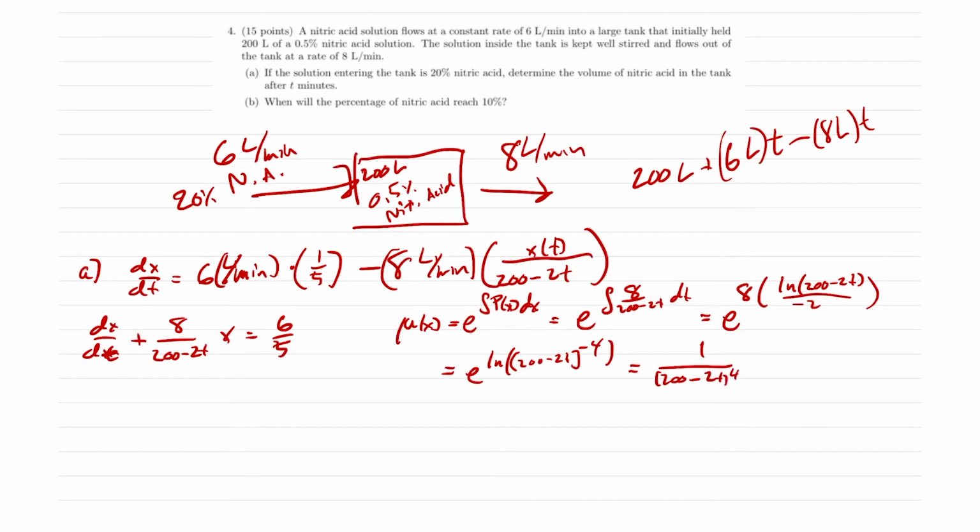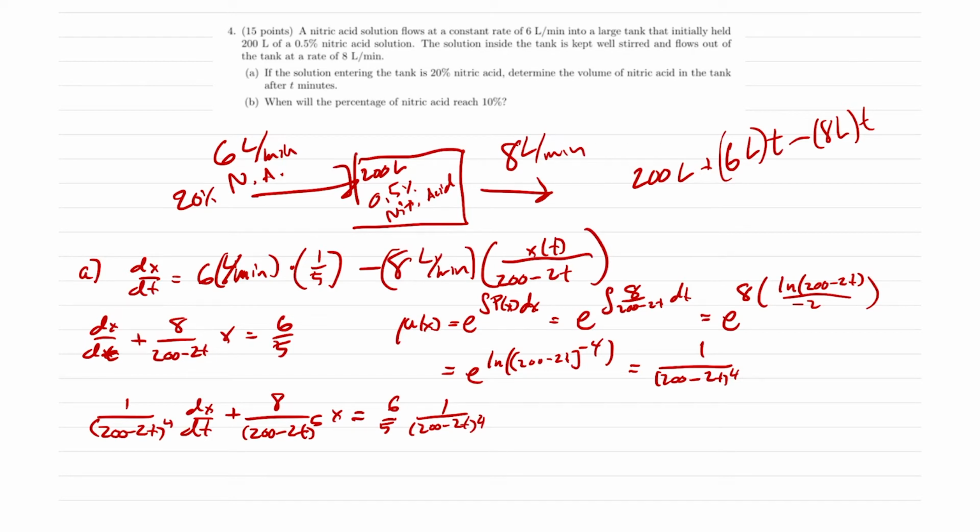Okay, so we multiply both sides by that, and what do we get? We get 1 over 200 minus 2t to the 4th power times dx dt plus 8 over 200 minus 2t to the 5th times x, and yep, this is equal to 6/5 times 1 over 200 minus 2t to the 4th.